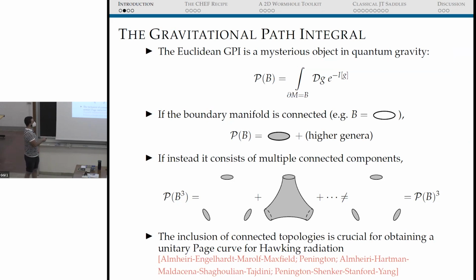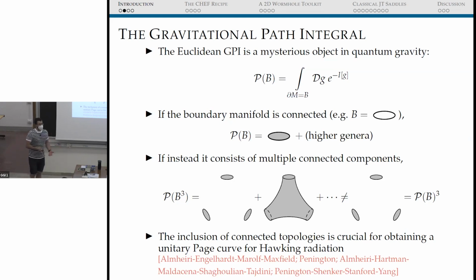And in fact, the inclusion of these connected topologies is what allows us to recover the unitarity of the Page curve in the Hawking radiation. This is a story by all of these people and lots of subsequent papers that I'm not citing here. The point is that these connected topologies is what allows us to recover sensible physical results. For example, when we compute von Neumann entropies.